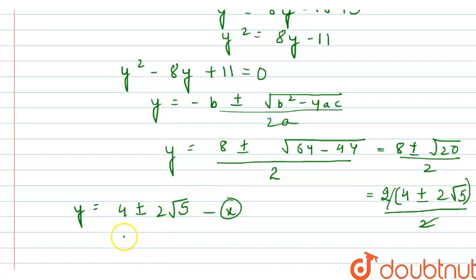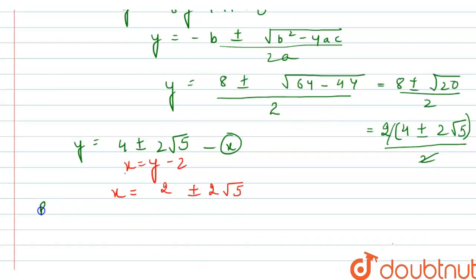Since we know that x is equal to y minus 2, substituting the values, I'll get the value of x, which will be equal to 2 plus minus 2 root 5. These are the points of intersection Q and R. So what is the point Q?